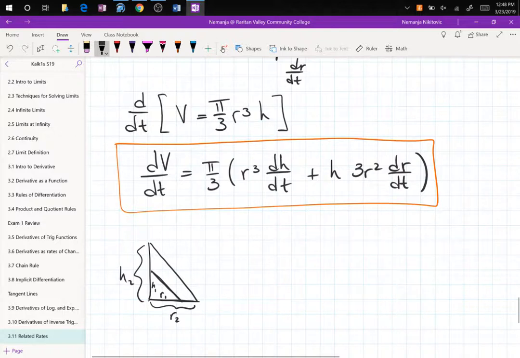So we can write the proportion. Height 1 is to height 2 as radius 1 is to radius 2. And from here we can solve for any one of these.